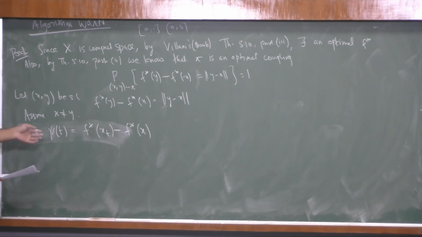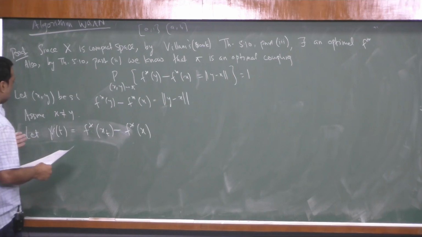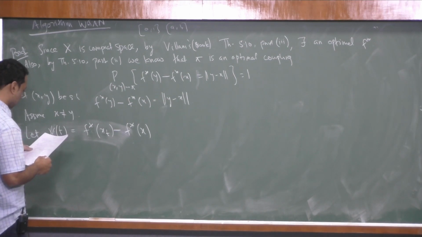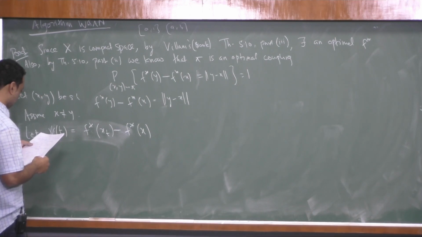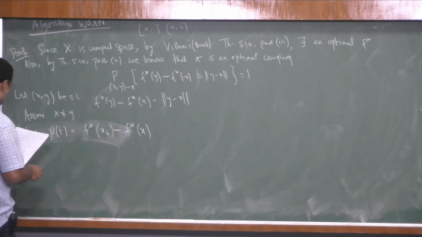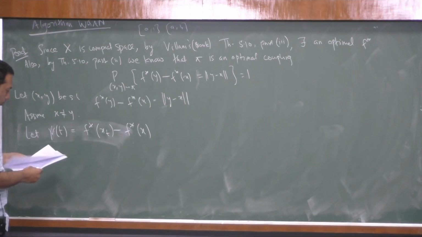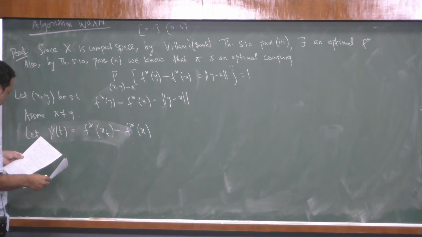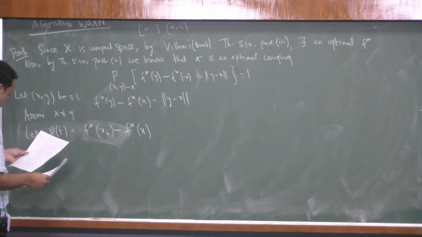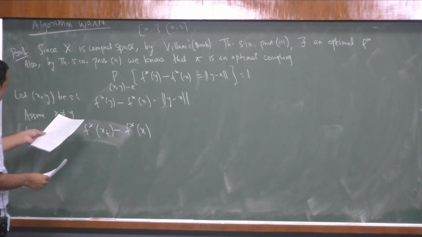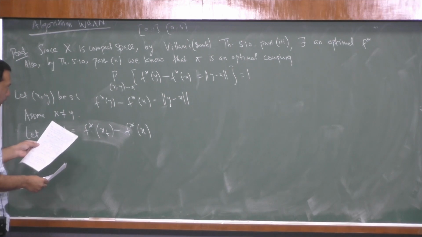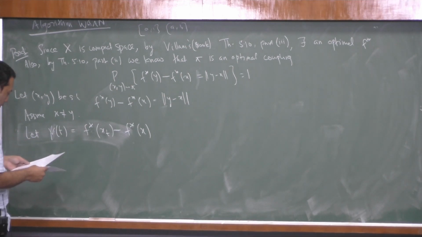So let psi t be this shorthand, right. So psi t is f star x_t minus f star x, and this t, if I'm not wrong, we already defined. Yeah, this t was in the theorem itself. This x_t was already defined in the main theorem. x_t is t x plus (1 minus t) y. So that's the t we are talking about.